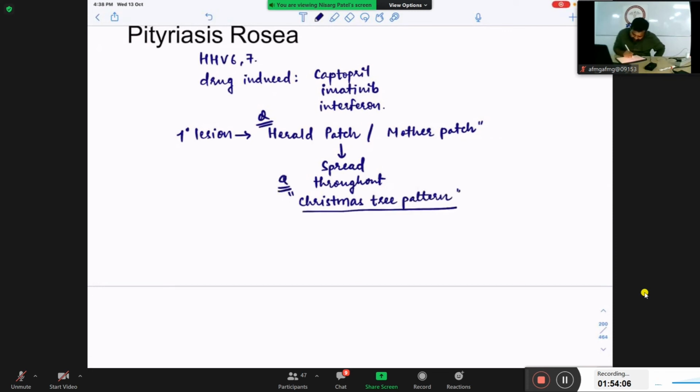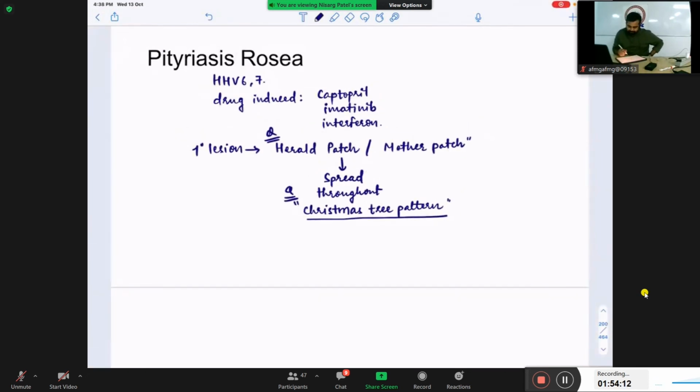So this is the second question: the Christmas tree pattern is seen in pityriasis rosea. This herald patch is an annular round patch.